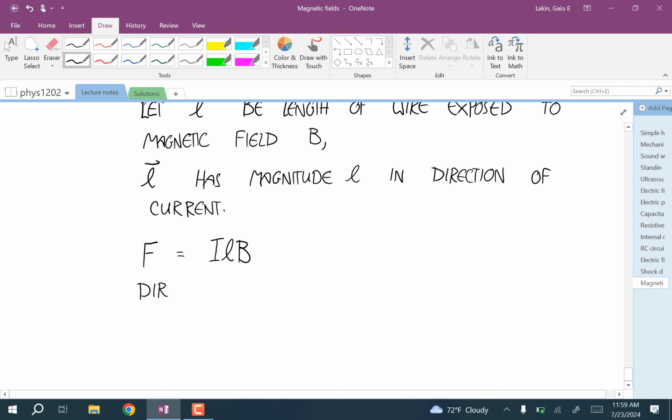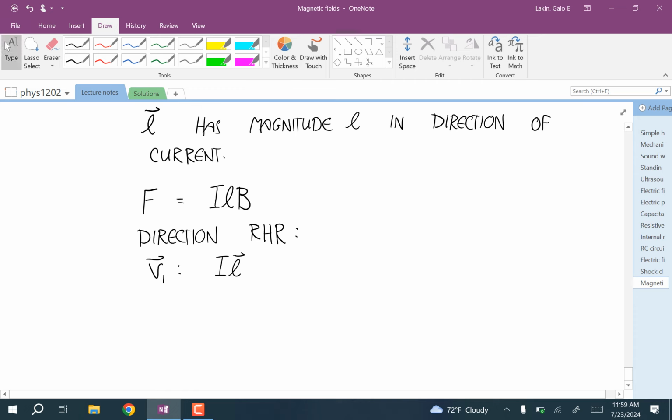And the direction comes from the right-hand rule, where V1 is the current times that L vector, and V2 is the magnetic field vector. So notice we're assuming that this magnetic field vector is constant over that whole length of wire L.